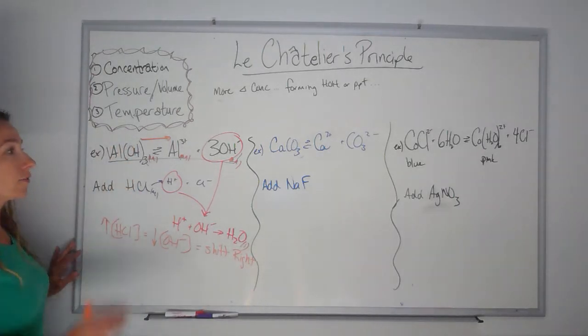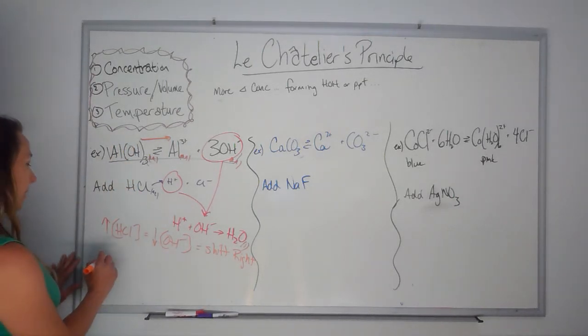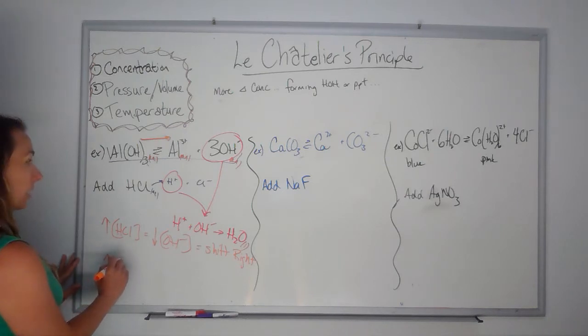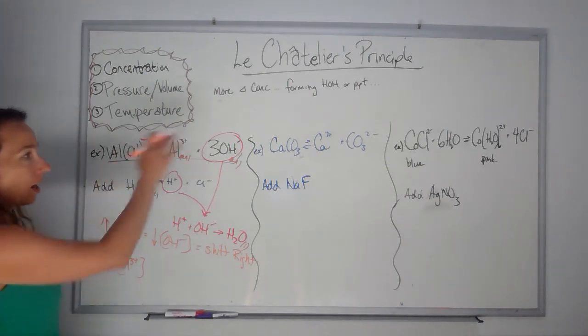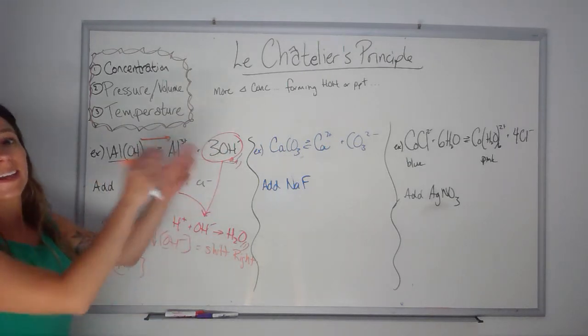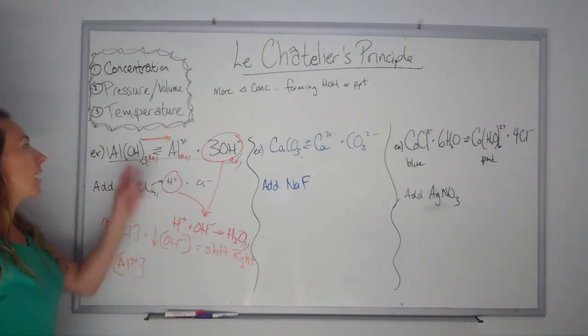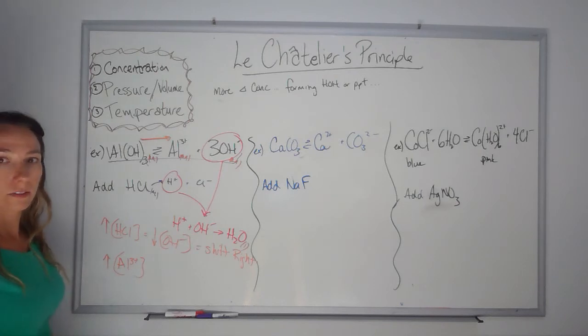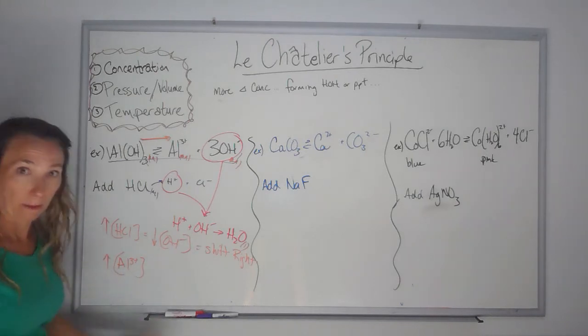Okay? So a shift to the right means that I'm going to end up increasing those Al3 pluses. For example, I'm going to replace some of my OH minuses, and I'm going to decrease some of my compounds. Okay, makes sense?